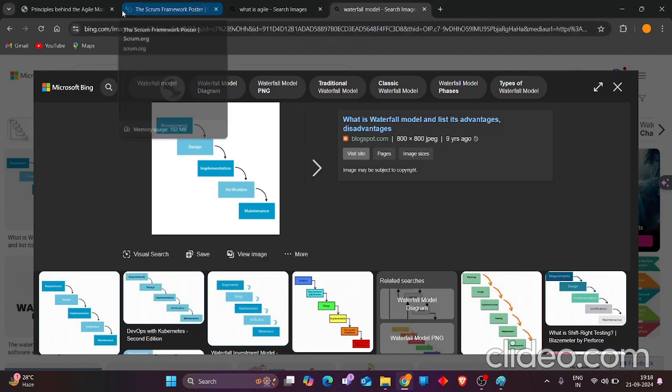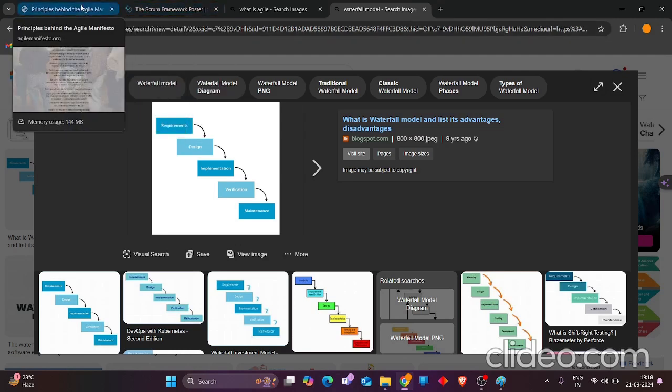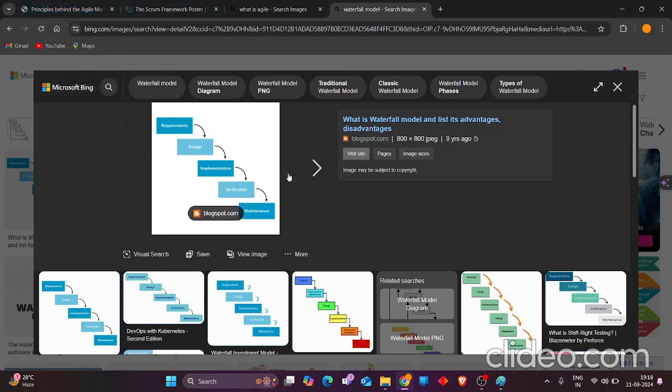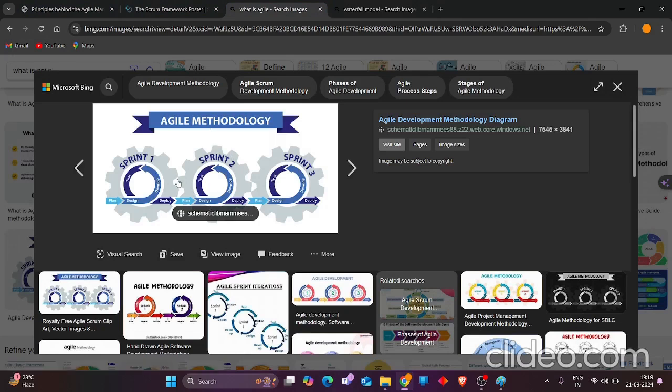That's why nowadays Agile methodology is used to overcome this. In Agile, as you can see, there is also planning, designing, developing, testing and deploying. But these are done in different parts.